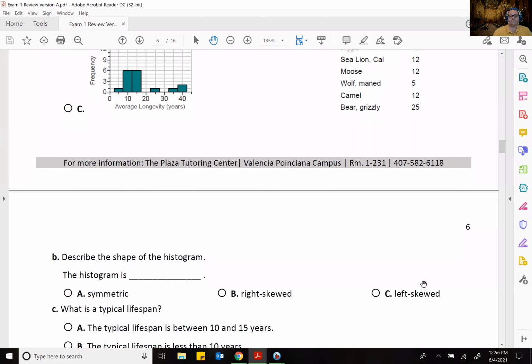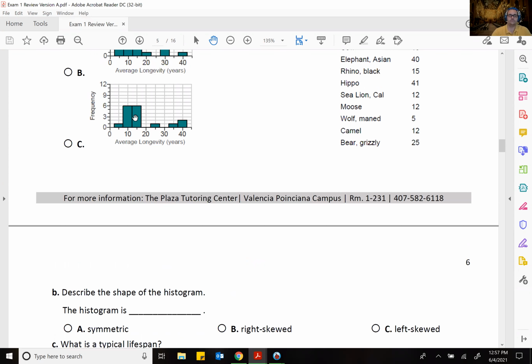Symmetric, skewed right, skewed left. What do you think? Our histogram is right here. I would say B. Definitely skewed right. There's a tail over here, even though it does go up a little bit. There is a tail.